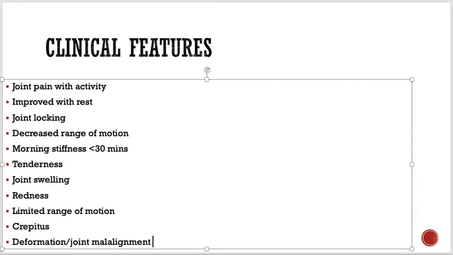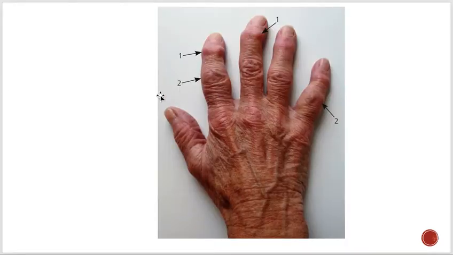So of course, as I showed you, any of the joints can be involved. It could involve the hand joints, DIPs, PIPs, CMCs, or MCPs, the metacarpophalangeal joints. It can involve the hip joint, the knee joint, the metatarsophalangeal joint, the cervical spine, the lumbar spine.